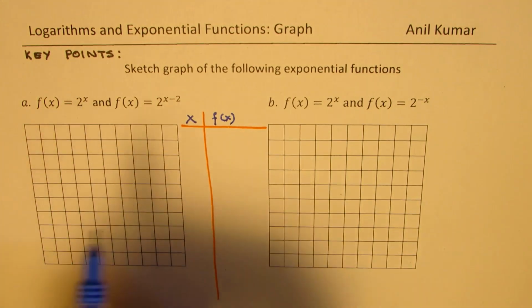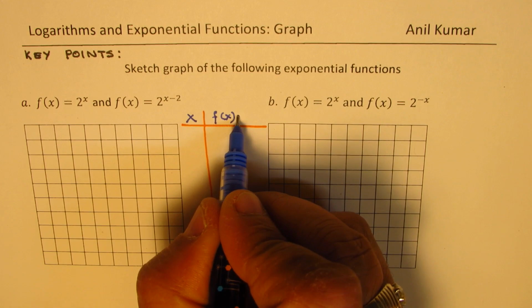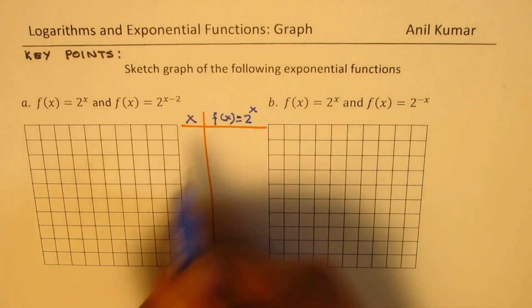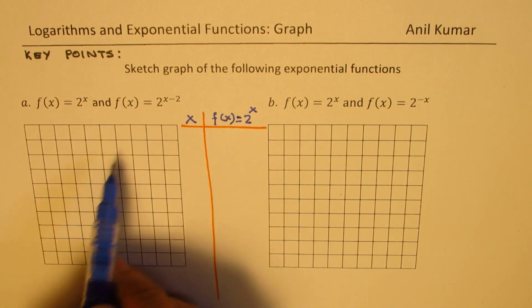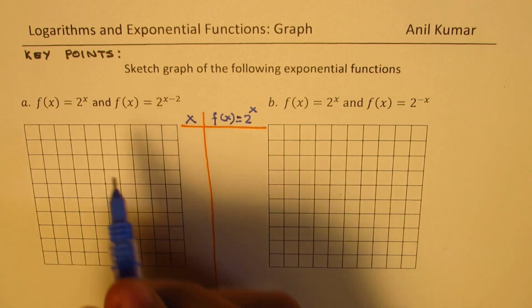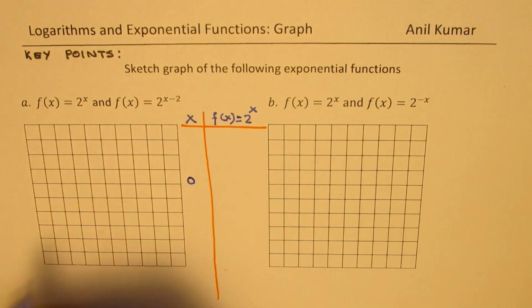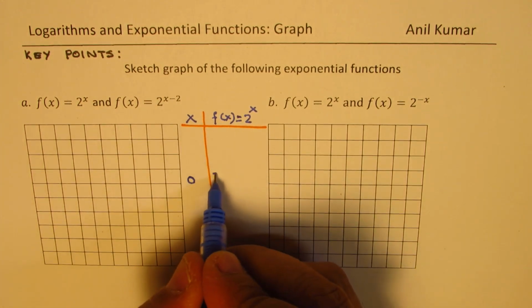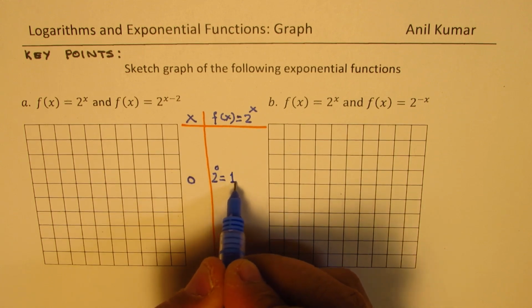So f of x, it could be either one. We'll first evaluate f of x equals 2 to the power of x, and for the other function we will use transformation to find the result, right? Now, if x is 0, we have 2 to the power of 0, and you know anything to the power of 0 is 1.